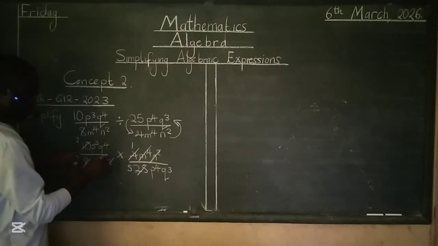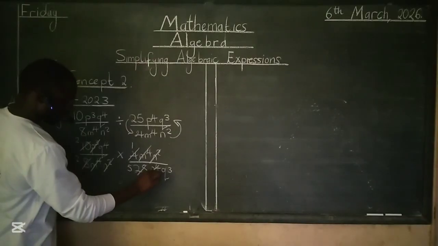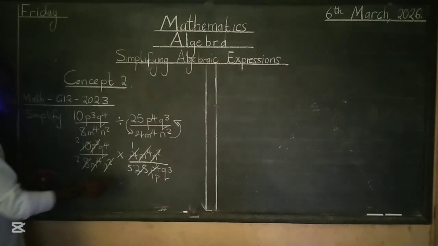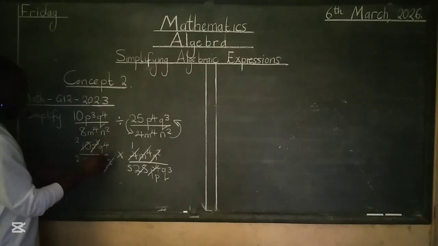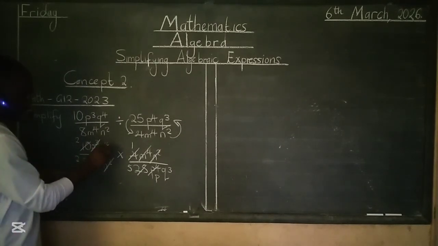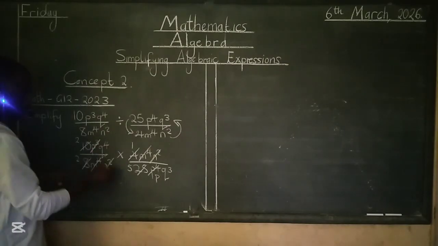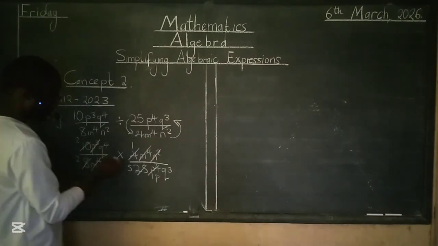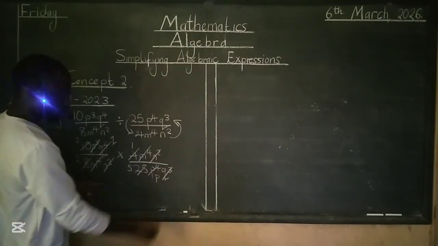Then e to the power 3 and e to the power 4. Here I will remain with the e, because here I have 4 e's, here I have 3 e's. Then q to the power 4 and q to the power 3. Here I have 4 q's, here I have 3 q's. So this is going to be 1 q left over. This will completely cancel out.